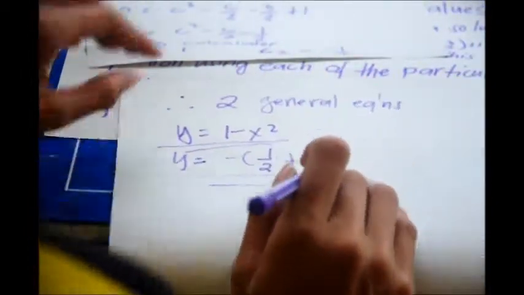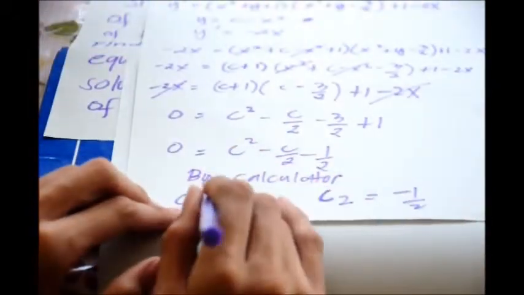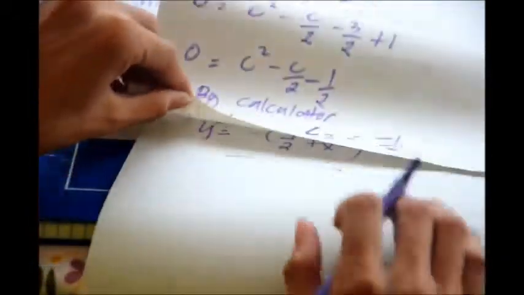So this is now the two general equations with the value of c1 equals 1, c2 equals negative 1 half.